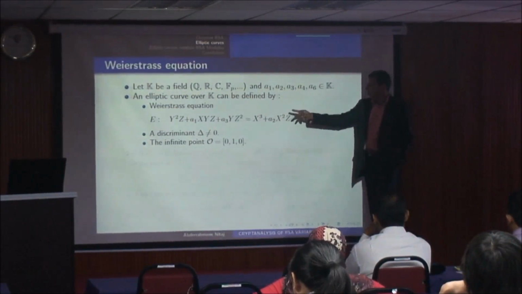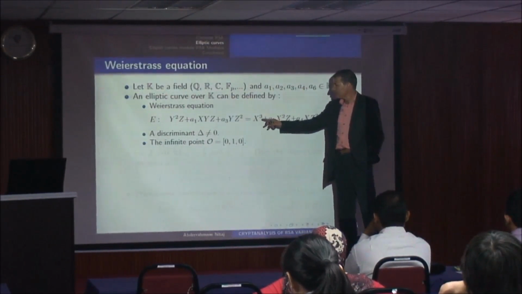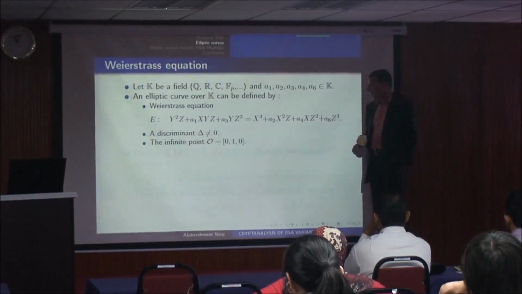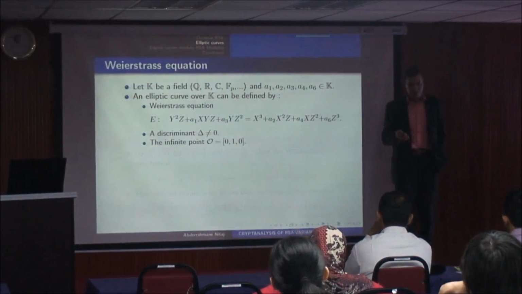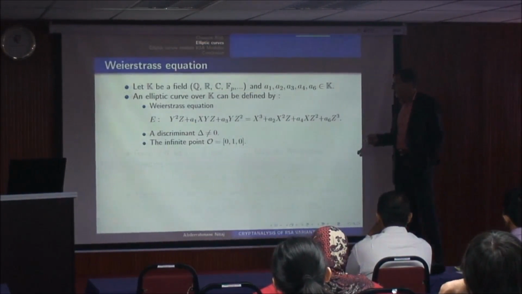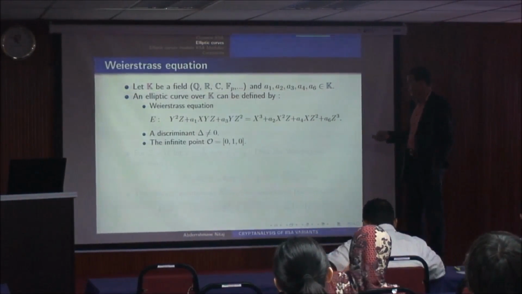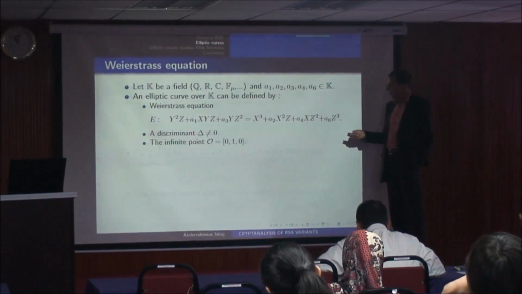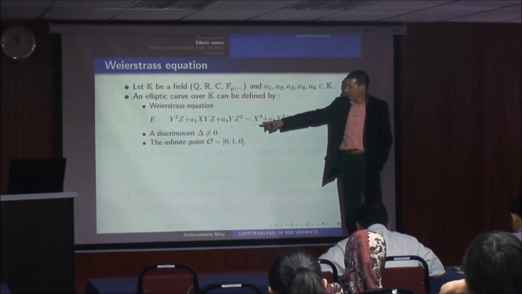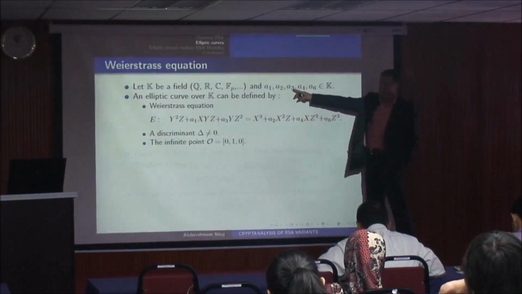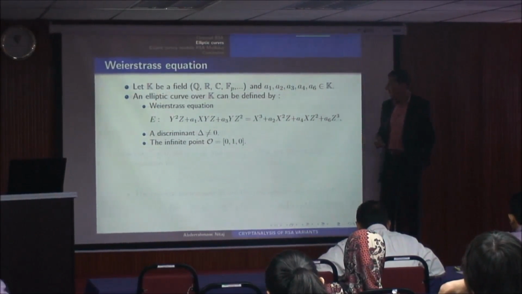The parameters can be like this, and to be an elliptic curve, the main condition is that the discriminant is different from 0. And we can compute the discriminant using the parameters a1 to a6.